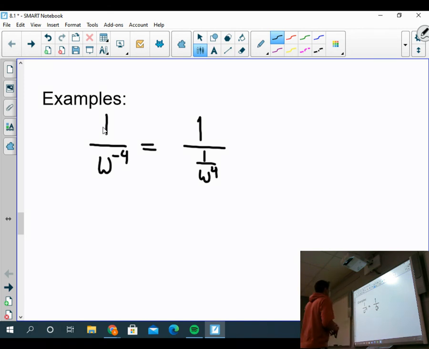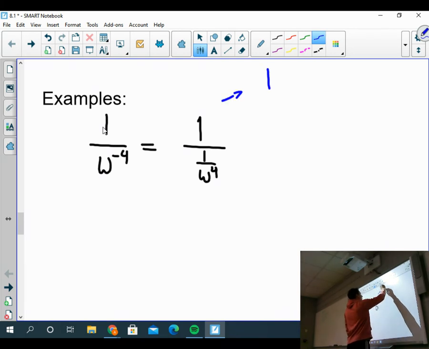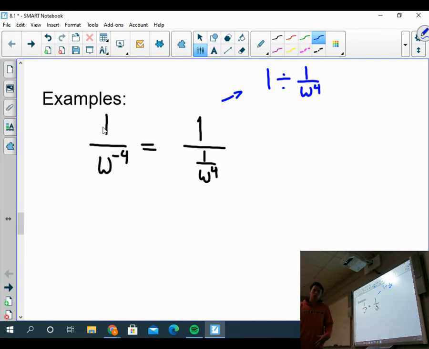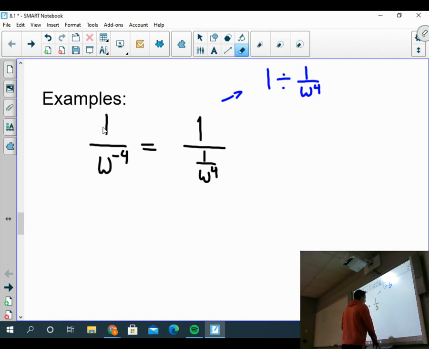Again, we're simplifying. We want this to look nice and neat and simple. And so what am I going to do? Well, what's happening here is a division by fractions. I am taking 1 and I am dividing it by 1 over w to the fourth. And we've learned in previous lessons that when dividing fractions, we don't ask why.